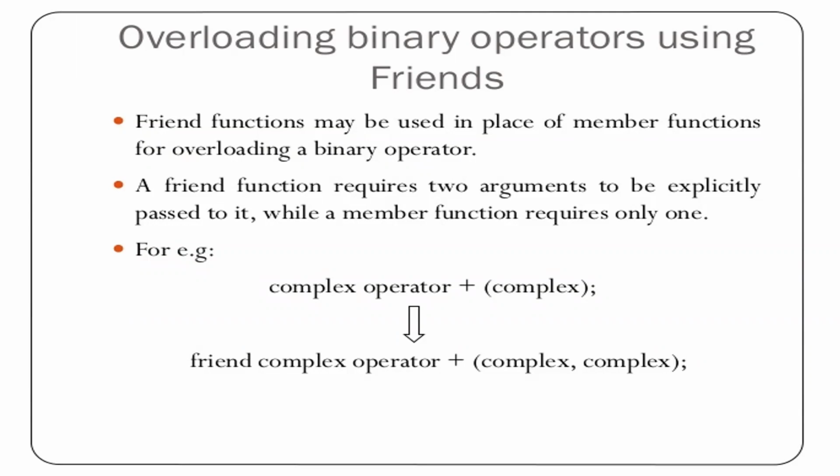Remember the last slide that we saw, we did not take any argument, because we were overloading a unary operator, and the operator overloading function being a member function. But if the same function is treated as a friend function with the help of the friend keyword, then it will take one argument. Okay.